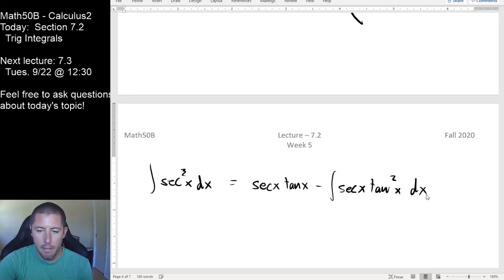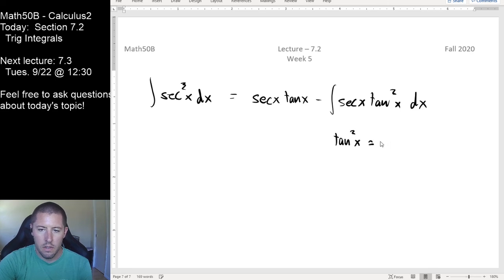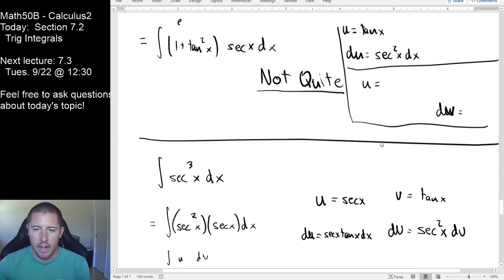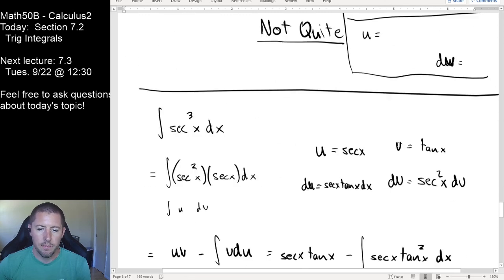But now my last-ditch idea here is that tangent squared is, and I'm forgetting it already, tangent squared is secant squared minus 1, it looks like.